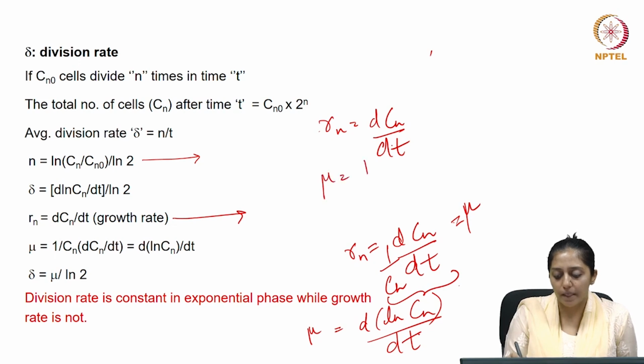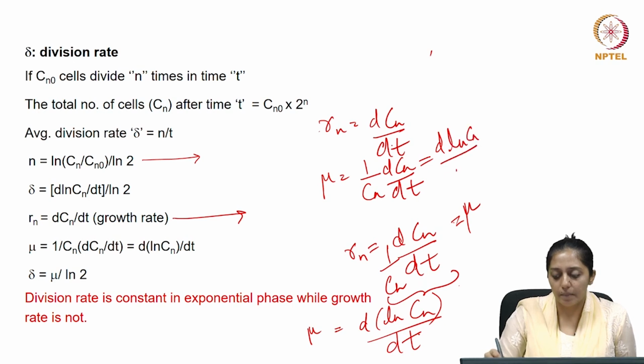Specific growth rate will be 1 by Cn dCn by dt. Now, this can also be written as d ln Cn by dt, isn't it? Do you remember what was d ln Cn by dt?